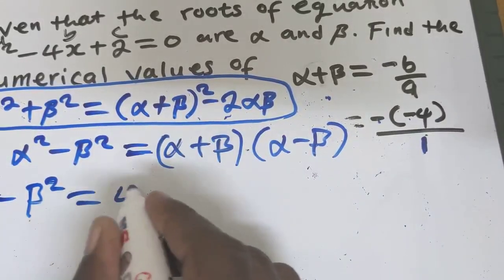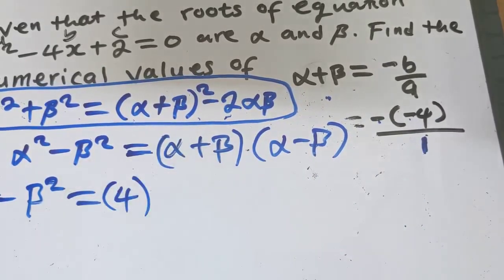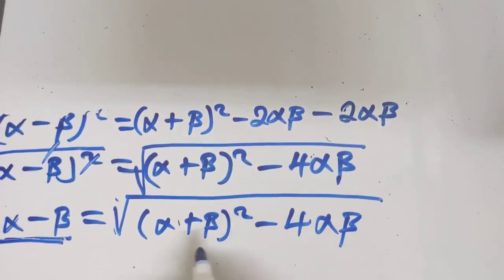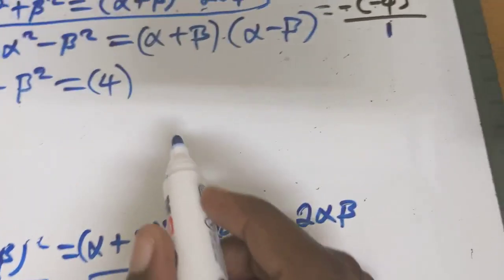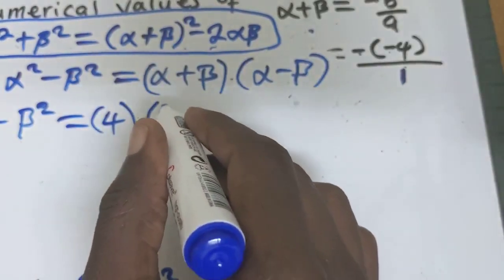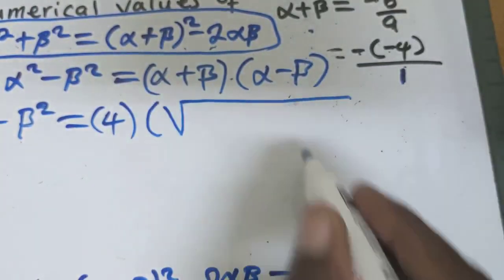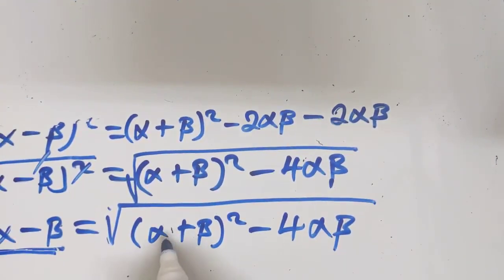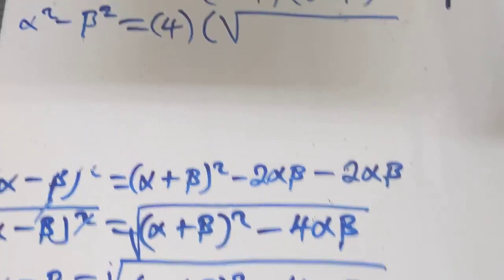So we're going to put 4 like that, multiplied by this. We know the formula. The formula is multiplying with the square root of alpha plus beta squared like that, then minus 4 alpha beta.